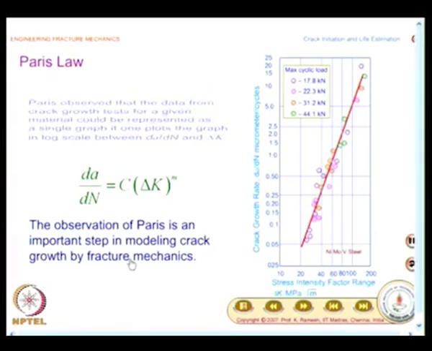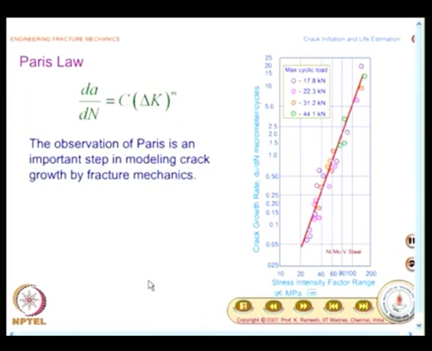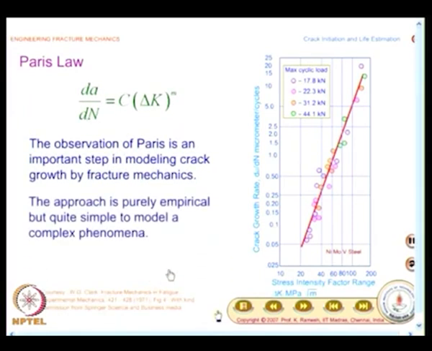And let us see what was the history behind this Paris law. Before we go into that, let us also recognize that the approach is purely empirical. There is no theoretical basis for you to arrive at this equation.